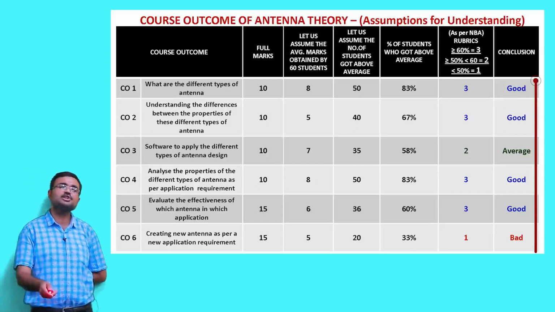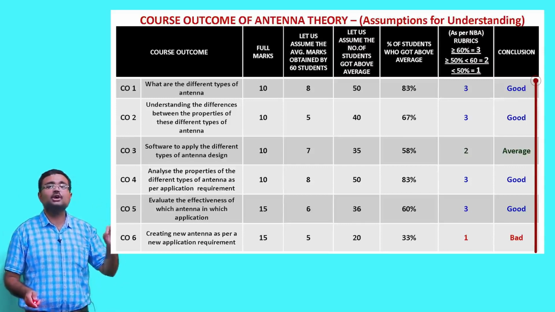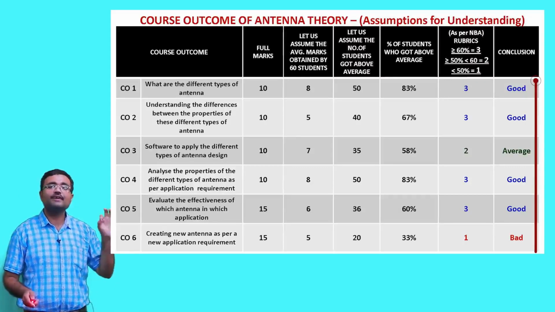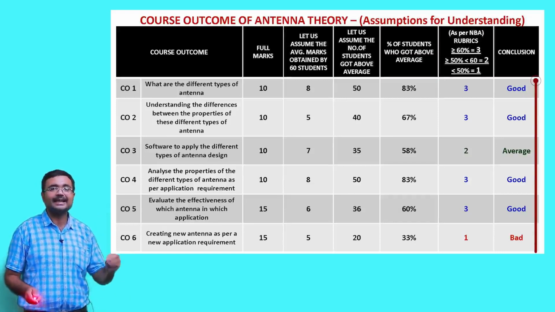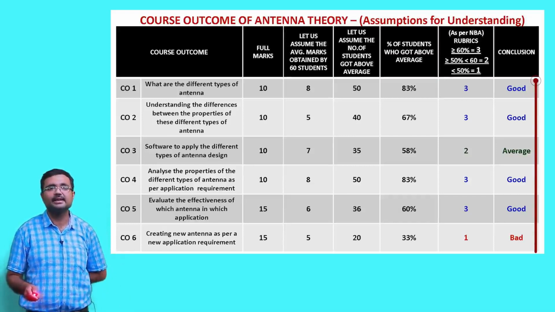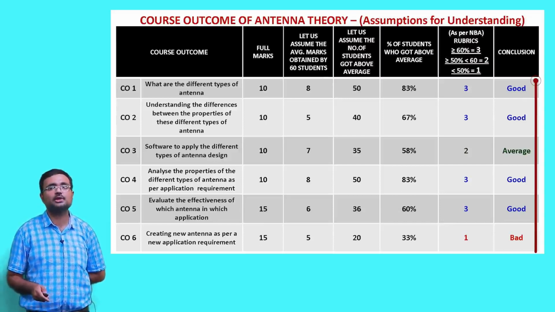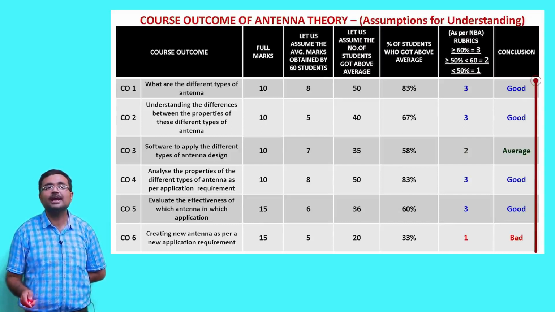So the head of the institute now can talk to the course teacher of antenna theory and say that in antenna theory, CO3, to apply the different types of antenna design, is averagely attained, whereas creating a new antenna as per a new application requirement is not attained well at all, it is badly attained.